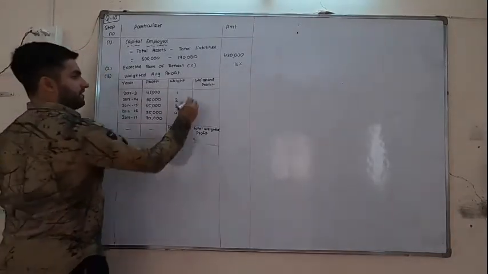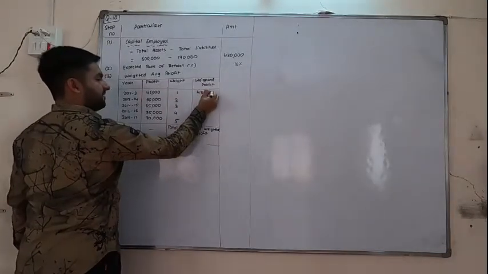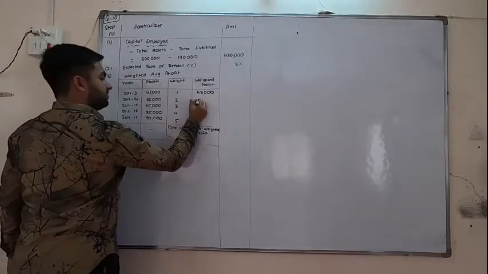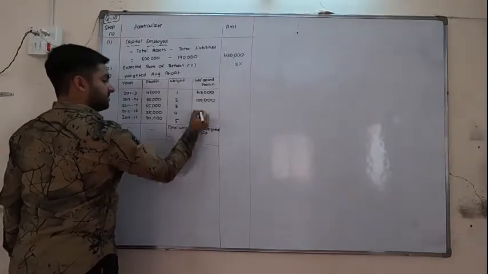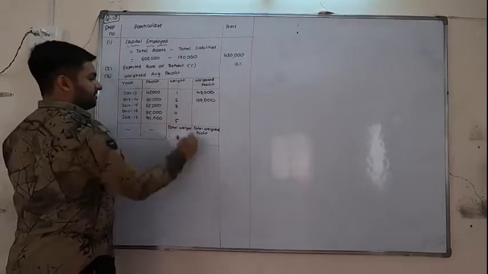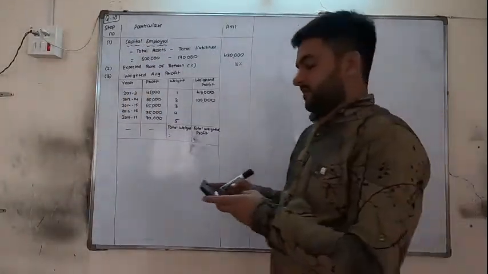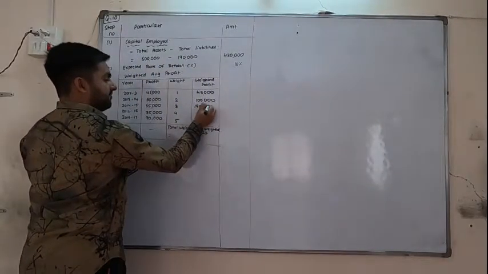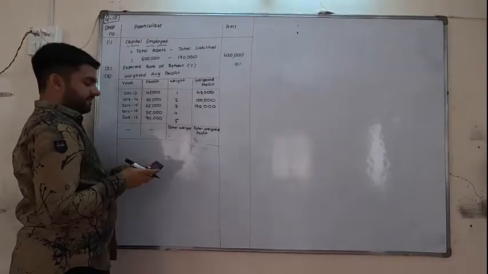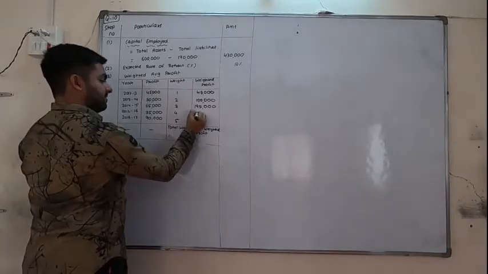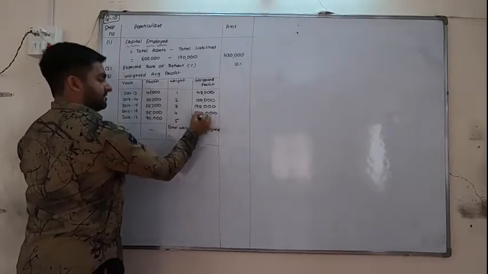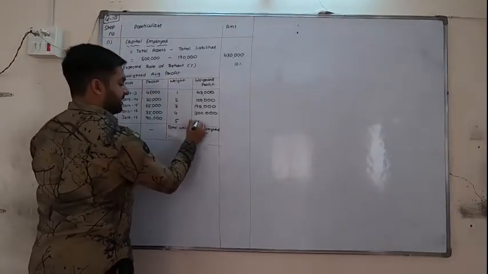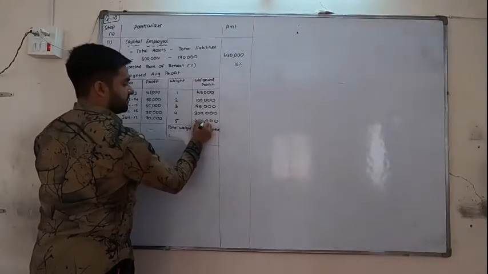Let's multiply. 45,000 into 1 is 45,000. 50,000 into 2 is 1 lakh. 65,000 into 3 is 1,95,000. 75,000 into 4 is 3 lakhs. 90,000 into 5 is 4,50,000.